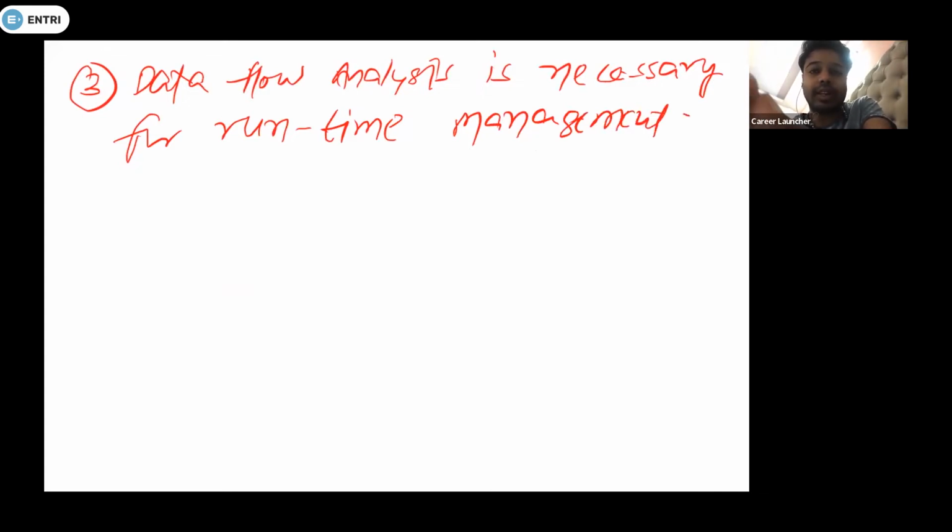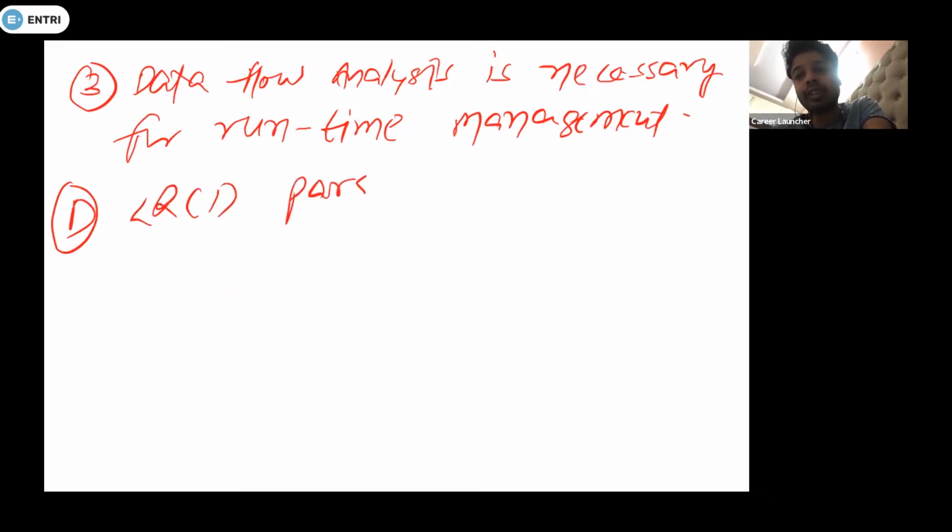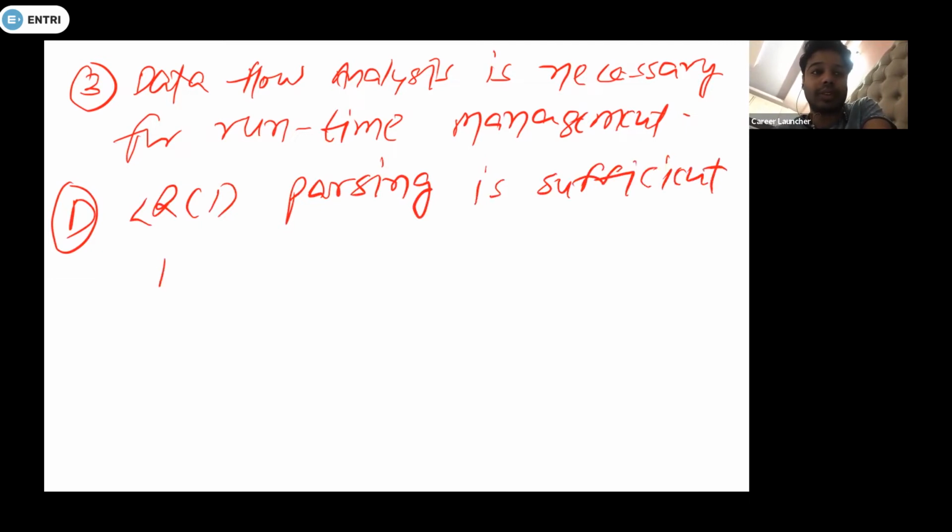And D is LR1 parsing is sufficient for DCFL, deterministic context-free languages. Okay, so let's see this one.